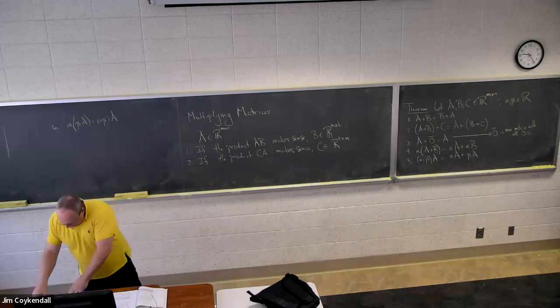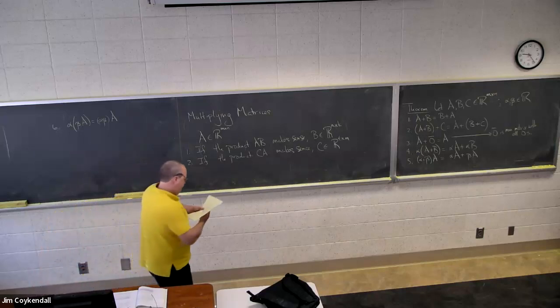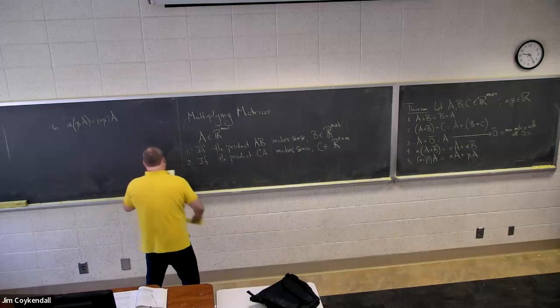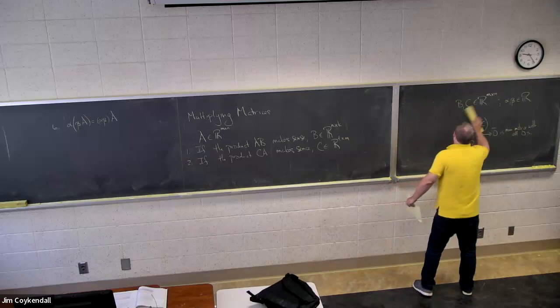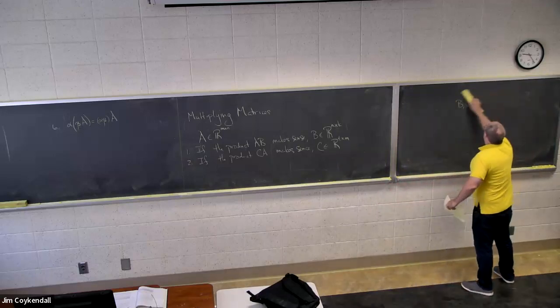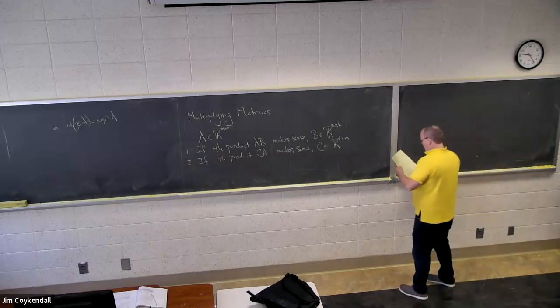So let's suppose that I'm going to multiply in order AB. Of course, everything applies in equal order.